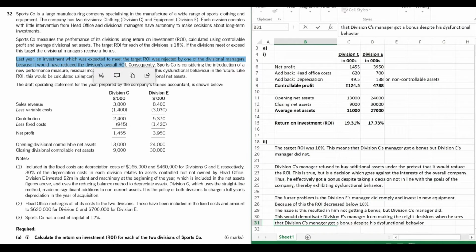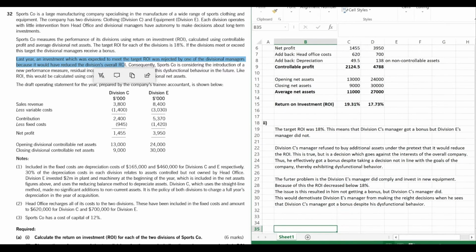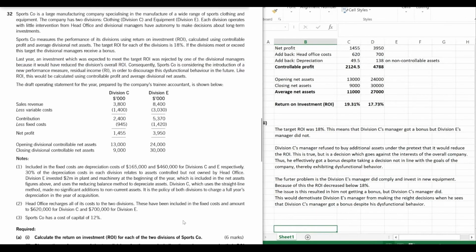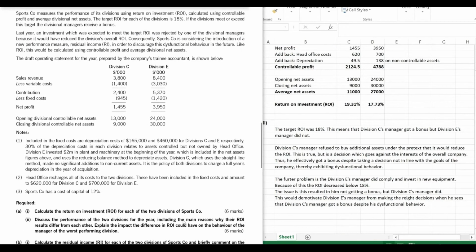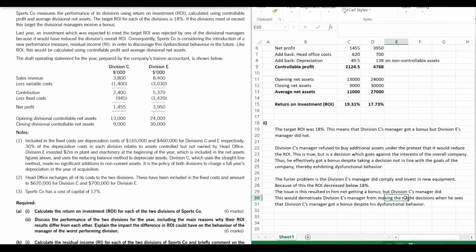So we've tied those points together, okay? Right, what else? So after that, right decision. So let's just fix the spelling here. Right decisions, right?